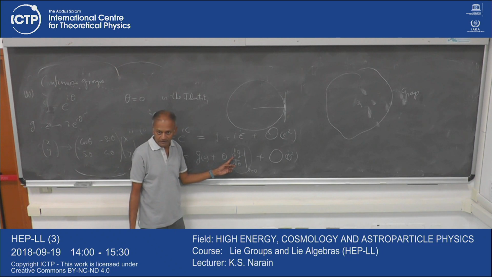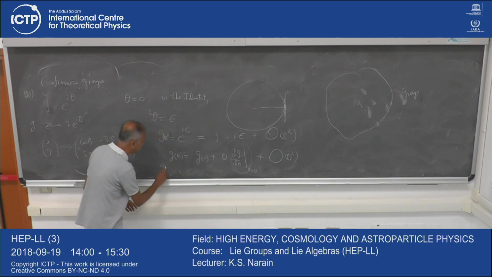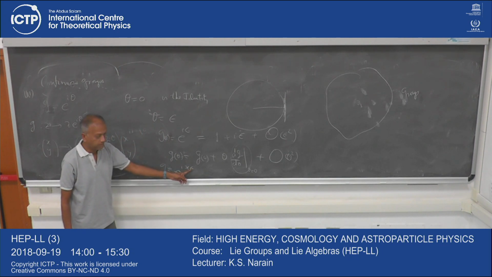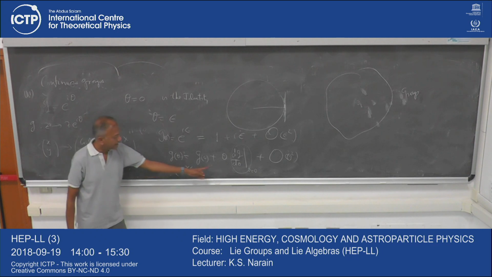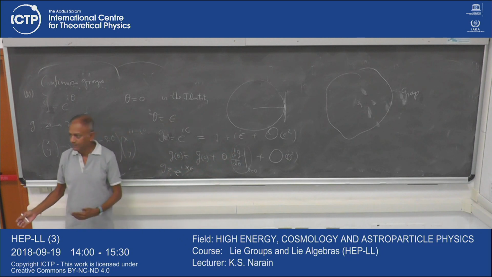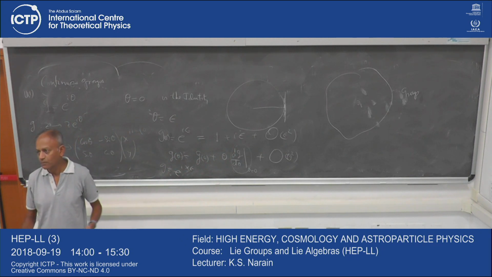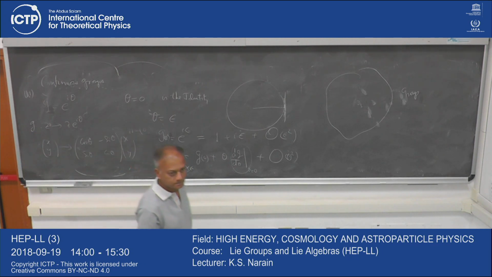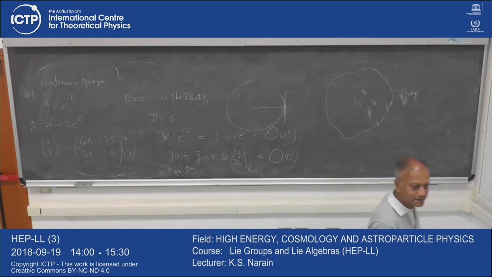Again, g is equal to e to the power of i x times epsilon, and if you expand it with respect to epsilon, you'll get x times i. So you can multiply it by numbers, real or complex depending on the kind of group. In this case, real, because theta is real. So in some sense, the Lie algebra is a tangent space to the Lie group at the identity.